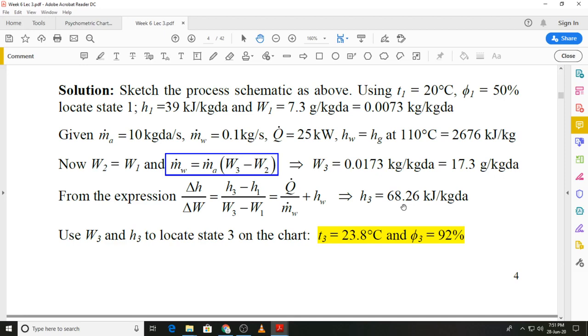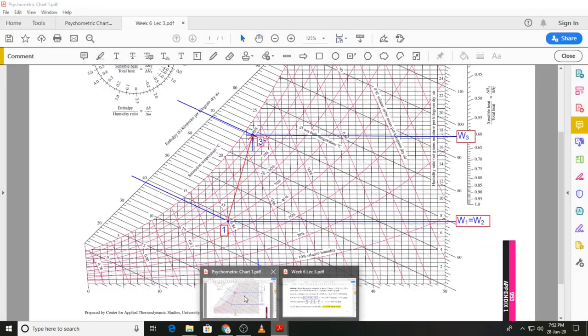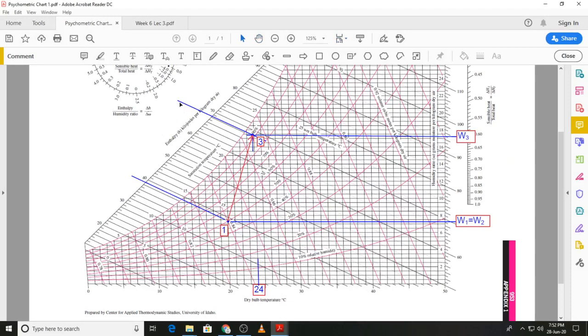And now we can go back to the psychrometric chart, and you can see I've drawn a constant specific enthalpy line where the value of the specific enthalpy is approximately 68.3 kilojoule per kilogram dry air, and where this constant enthalpy line intersects the constant humidity line corresponding to state 3, that is the point indicating the state of the air at the outlet. Once we have located state 3, then we can read the relative humidity and the dry bulb temperature.